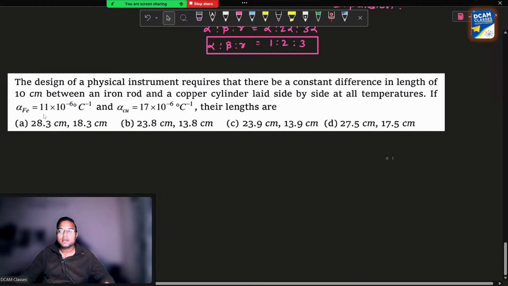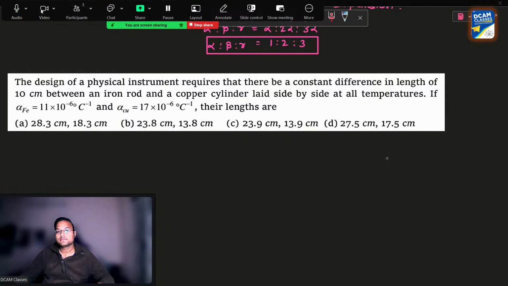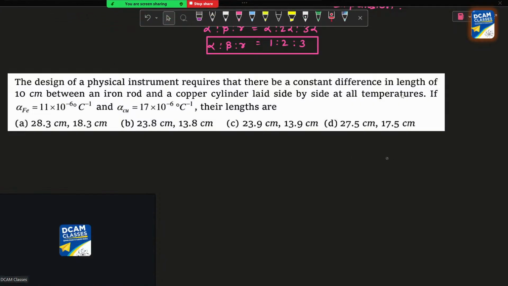See the value of alpha. Alpha of iron is 10 power minus 6. Alpha of copper is 10 power minus 6. How low it is. That's why we actually neglect. Now try to study this question and then try to solve it by yourself.